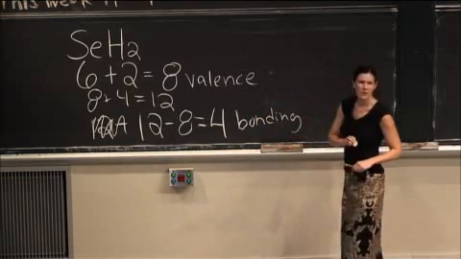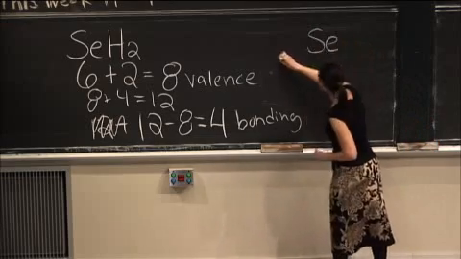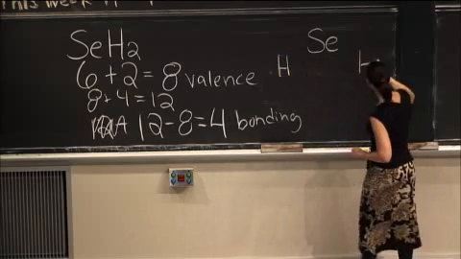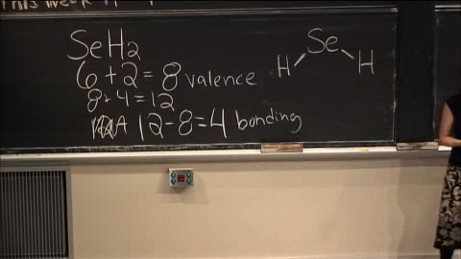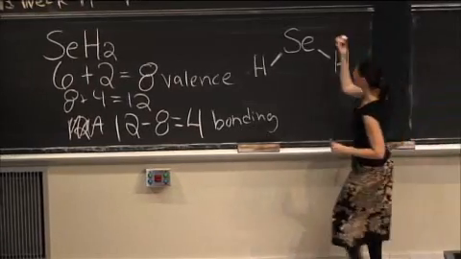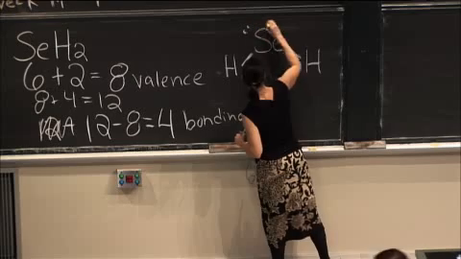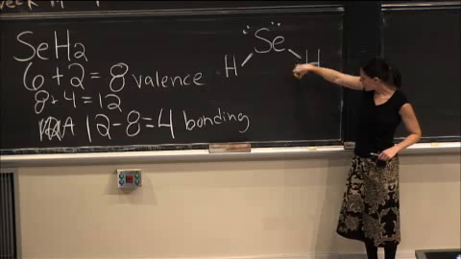So I tried to give you one that you could draw pretty quickly. It just has hydrogens in it. So we have SeH2. We can do our 4 bonding electrons. How many valence electrons do we have left? 4, that's right. So we need to fill our octet for selenium. So 1, 2, 3, 4. So this is our Lewis structure here.